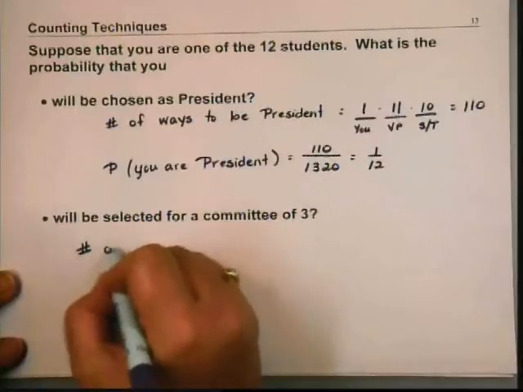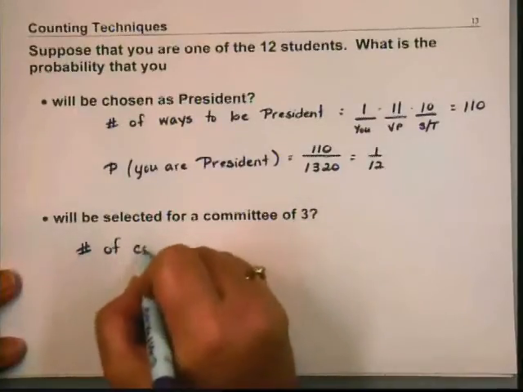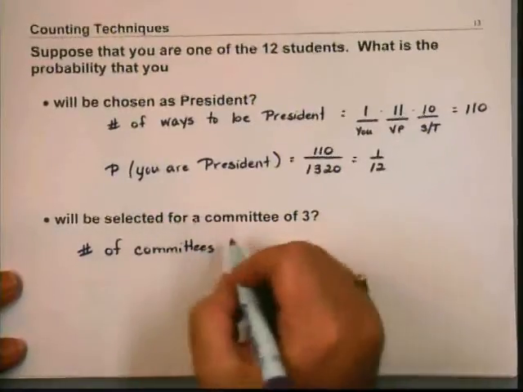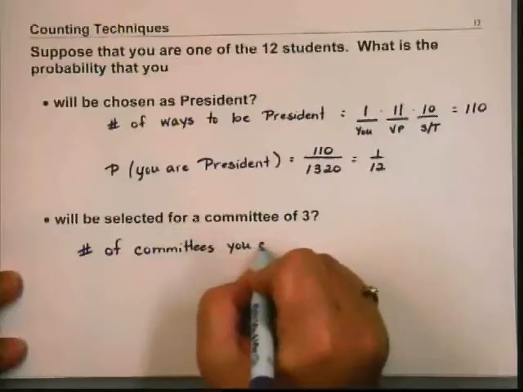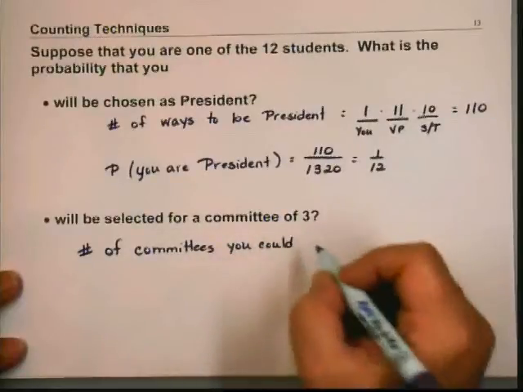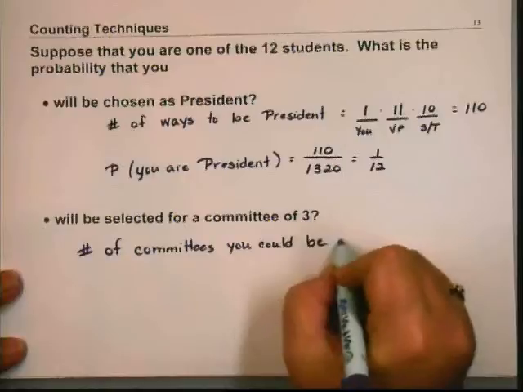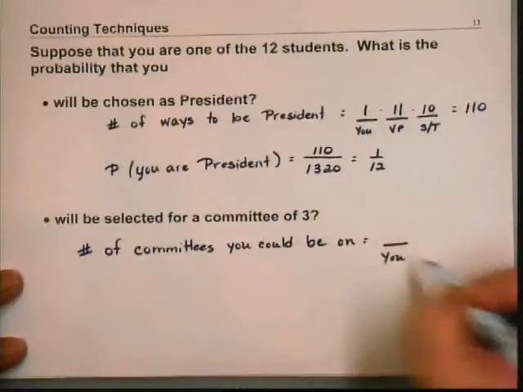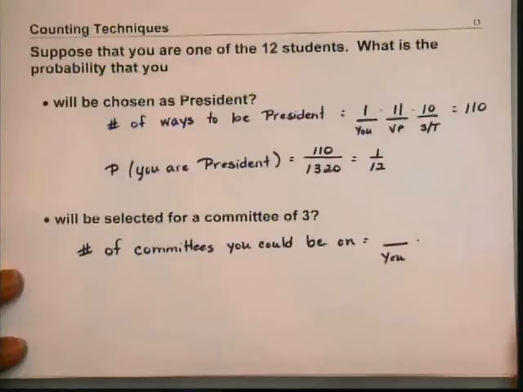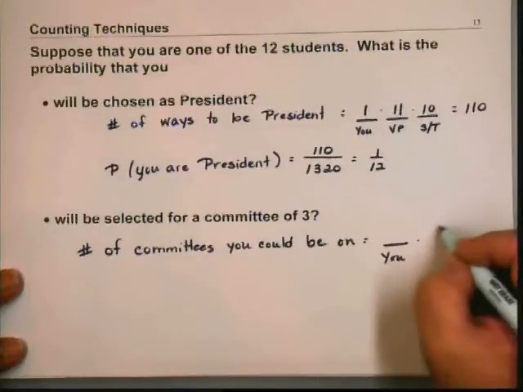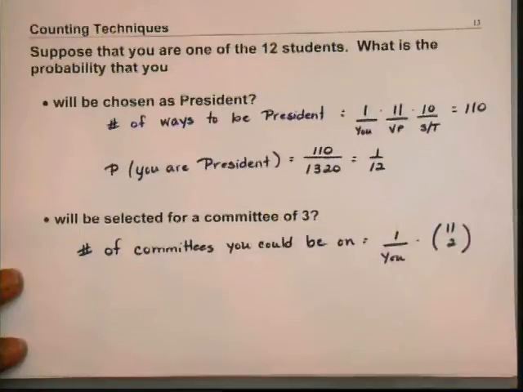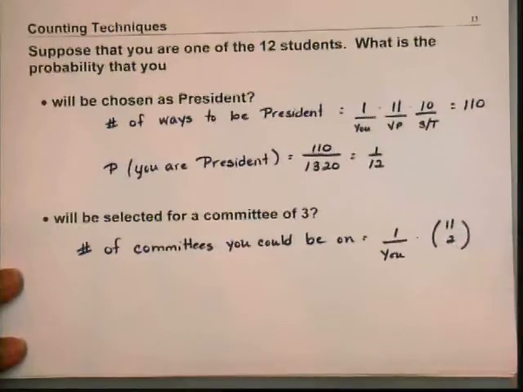So number of different committees you could be on would be equal to, there's you. And then how do you feel out of the remaining 11, choose 2? Right? So those 2 blanks that are left is a combination.